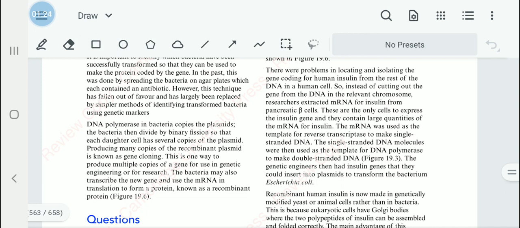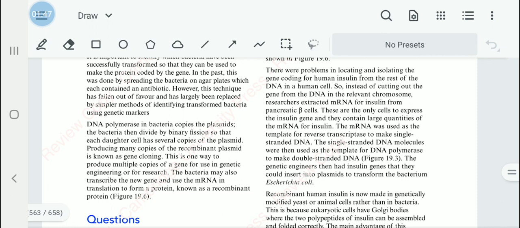So instead of cutting it out, they take the mRNA for insulin from the pancreatic beta cells. They express the insulin gene, so there would be large quantities of the mRNA for insulin.